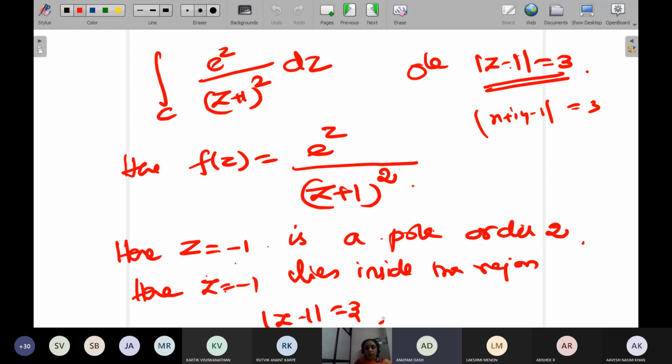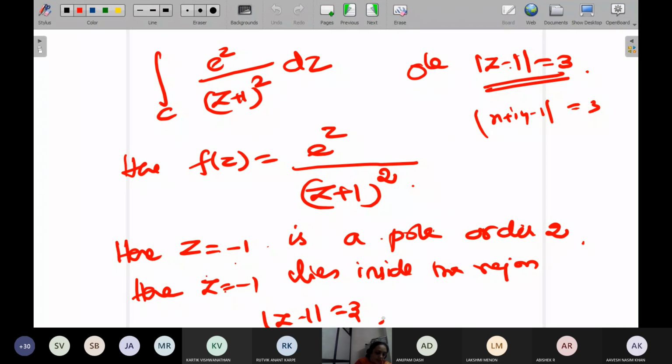It will be -1 comma 0, and the center is 1 comma 0, and here the pole is -1. Yes, so the pole lies on the real axis.